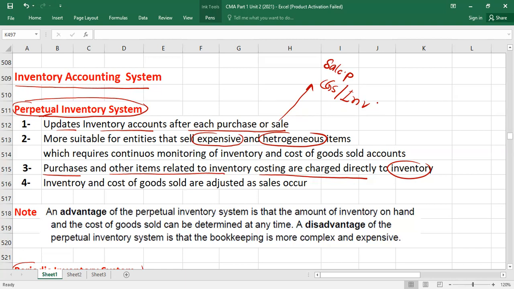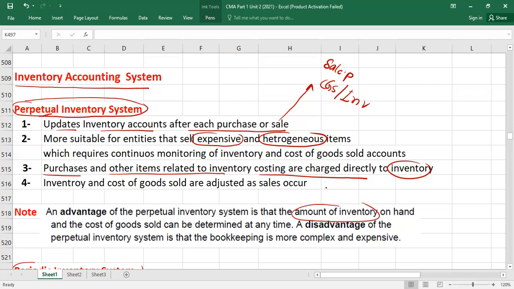Right? So what is the advantage of the perpetual system if you are using it? The amount of inventory showing in the record and the inventory you have physically should obviously match, because every transaction is recorded into the system, right or wrong?